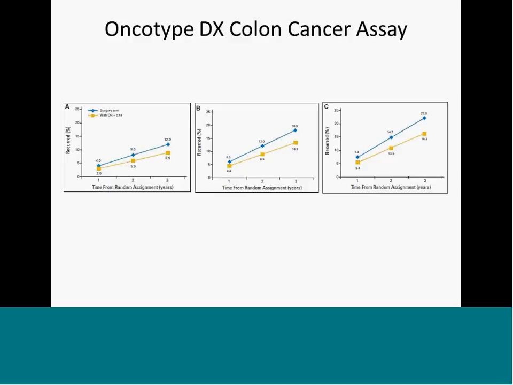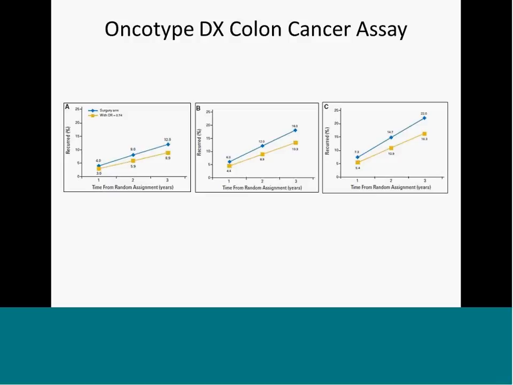So this is where I actually use Oncotype DX. If I have somebody with stage 2 and I look at their pathology and say, there's no lymphovascular invasion, there's no perineural invasion, you have 40 lymph nodes isolated, you have no perforation, you have low risk, I'm estimating your risk of recurrence to be about 10 to 12%.